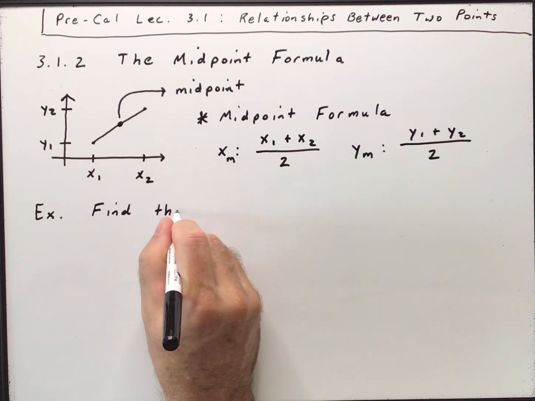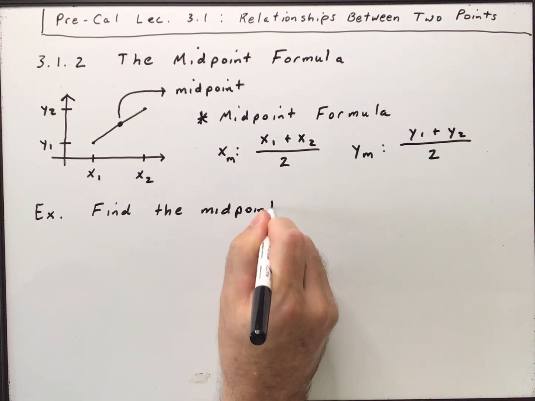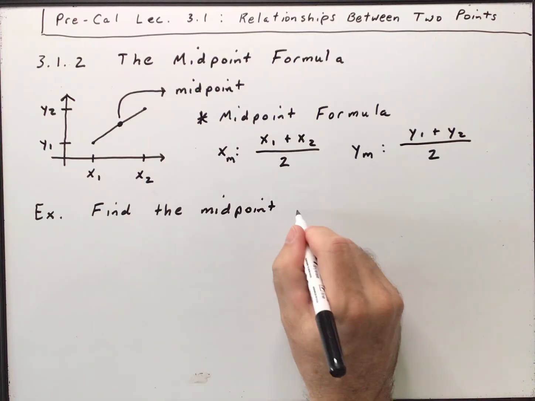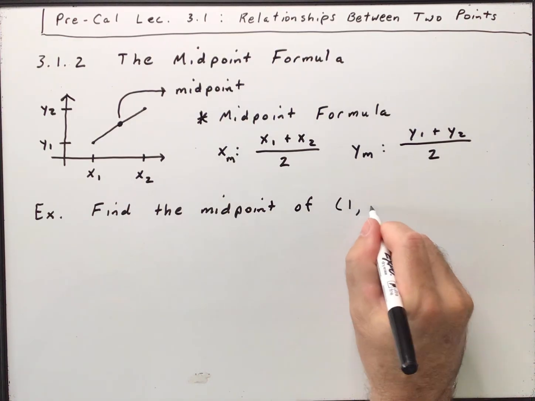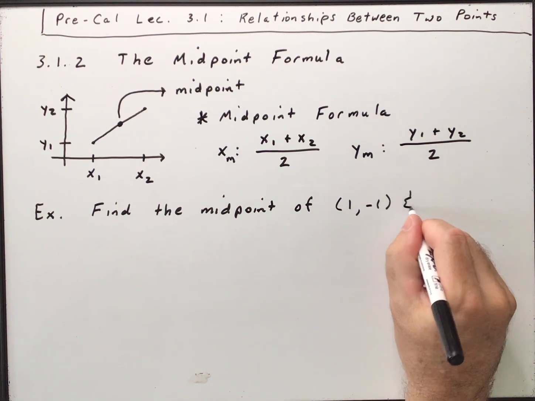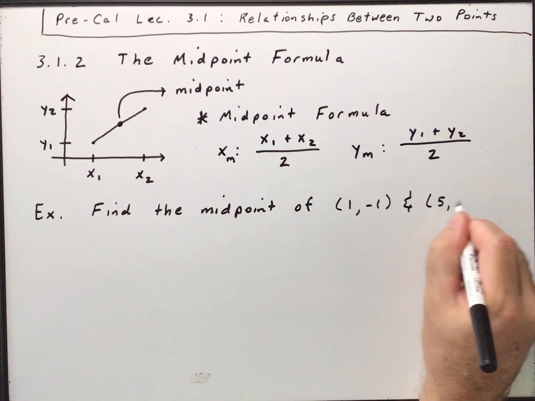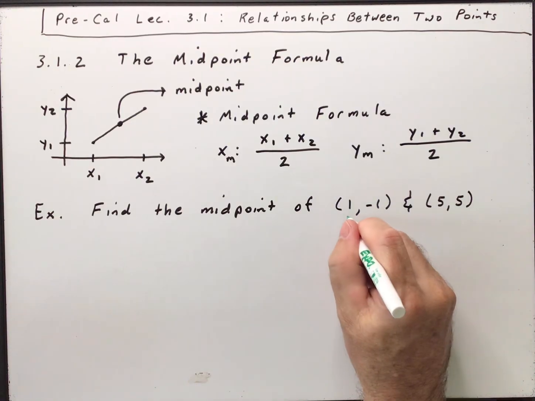So we want to find the midpoint of (1, -1) and (5, 5). Okay, sometimes it's safe to just mark the x's and the y's.